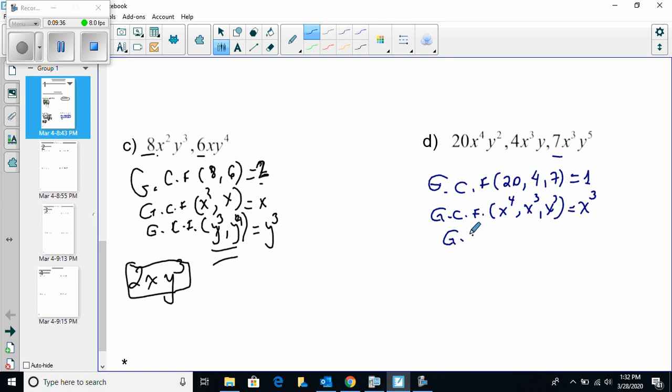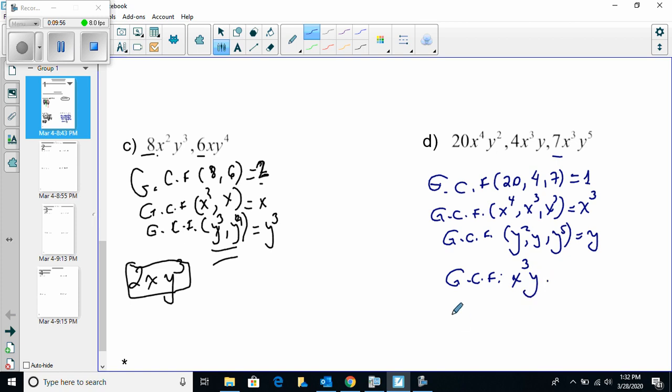And the greatest common factor of y to the power of 2, y, and y to the power of 5 is y. So the greatest common factor of the whole expression is x to the power of 3 y.